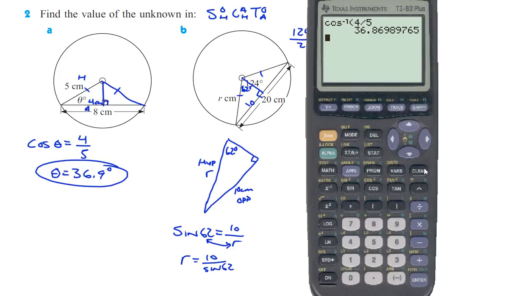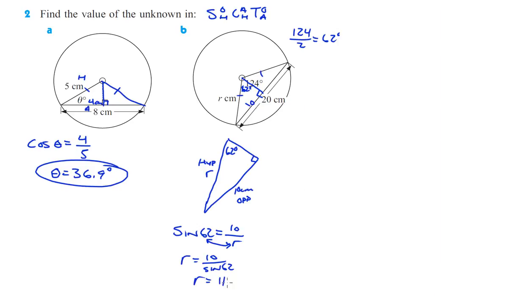So let's see what that gives us. 10 divided by sine 62 gives us 11.3. So we get r equals 11.3, and it's centimeters. Okay, let's move on to the next one.